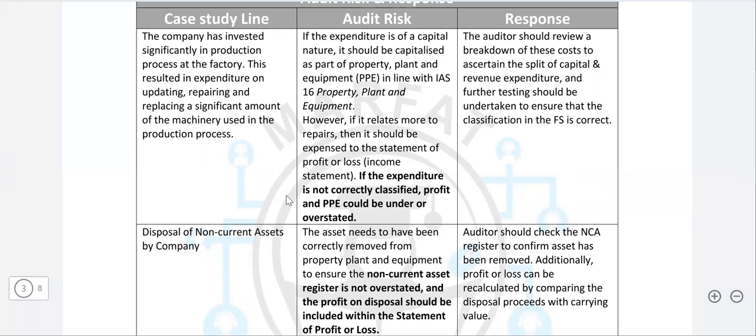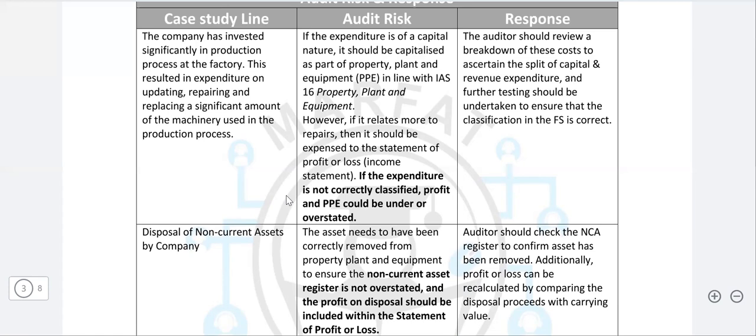Now, this is the financial statement perspective, the accounting treatment of that particular thing which is being mentioned in the case study. That revenue expenditure is expensed out, the capital expenditure is capitalized. This is the first thing that should come to your mind. The risk is the opposite. There is a risk that the expenses may be misclassified.